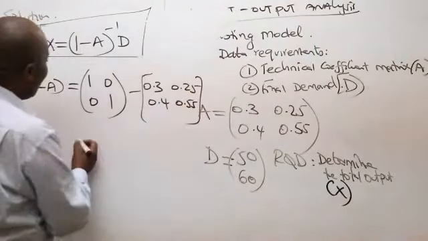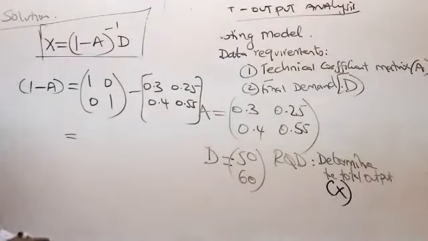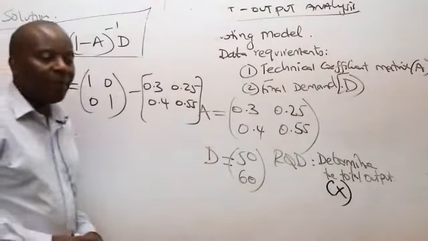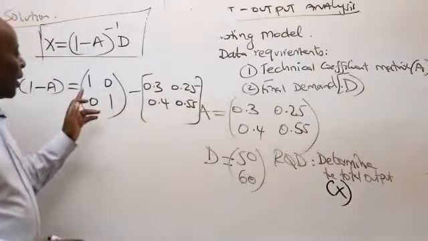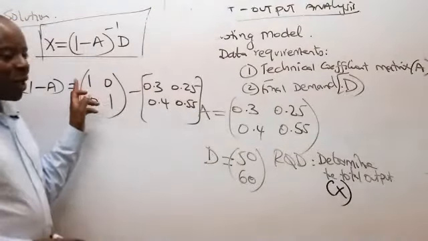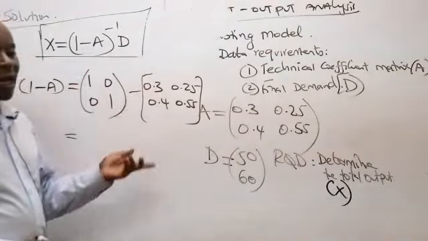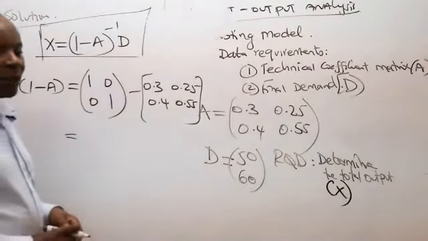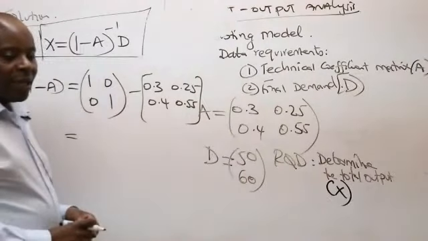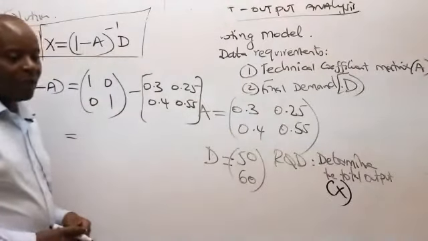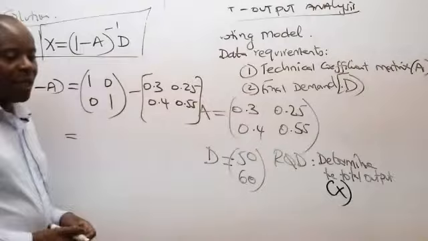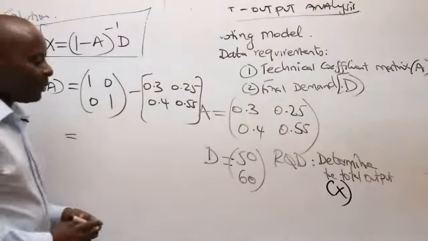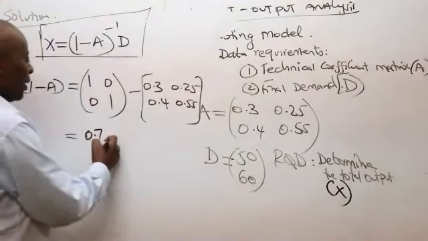Please go ahead and do the subtractions for me. Remember, in subtraction you always take corresponding elements. So 1 minus 0.3, who can give us the figure? 1 minus 0.3 gives me 0.7. The first one is 0.7.